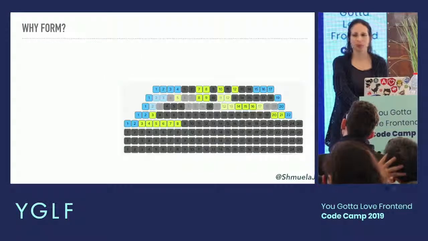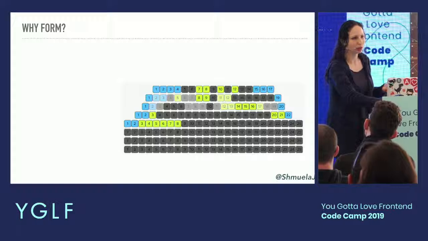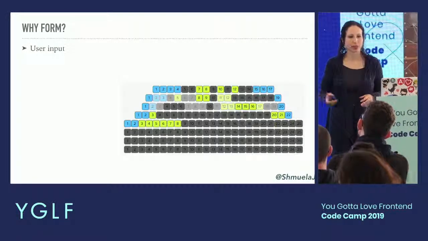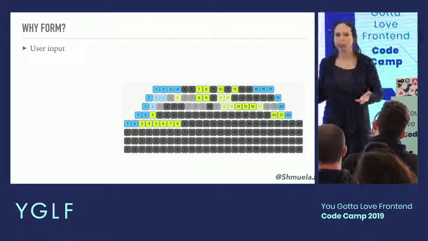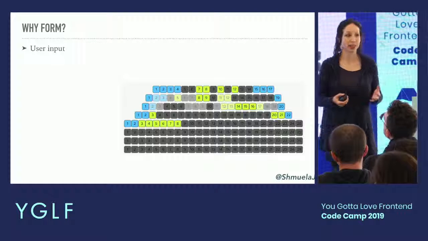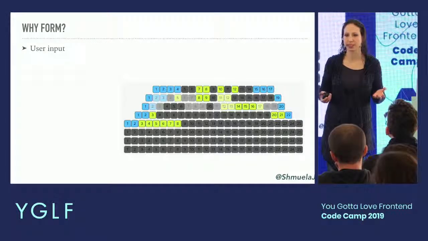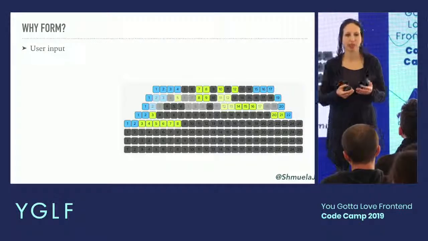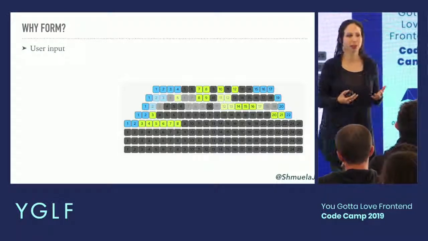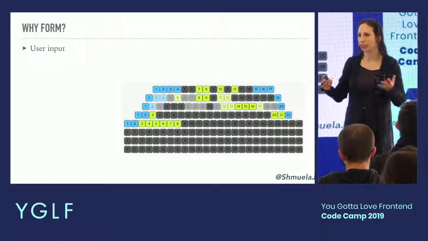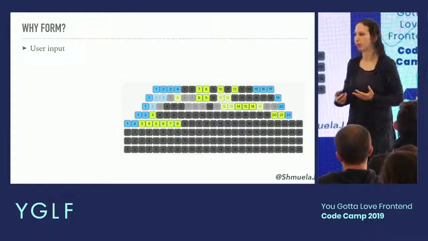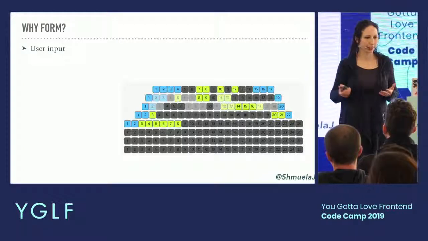So why did I choose to use forms here? First of all, there's user input. Whenever the user interacts with what we have on the screen, I think about forms immediately because it can really help me figure out what to do with the user input, and control it and easily get the value of what the user submitted.